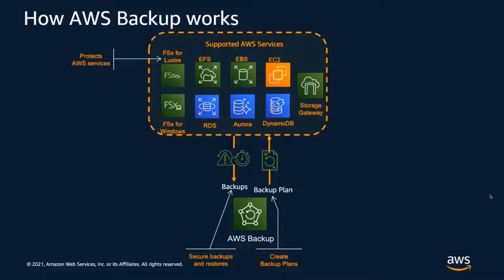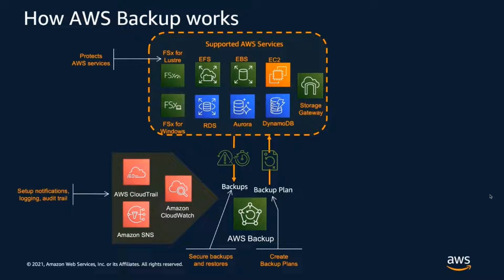So once you have defined your desired policies in a backup plan, you can assign your resources to the backup plan using tags. This also allows you to create backups consistently across your entire application stack. For example, let's say that you're using EFS, EBS, RDS, as well as FSx for your application and want to have the same consistent data protection policies for all the resources that constitute that application.